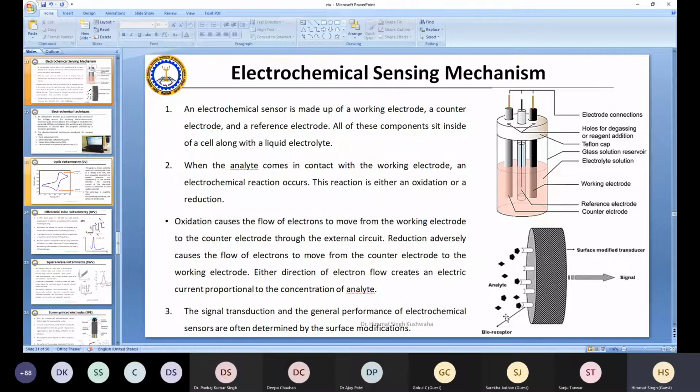In electrochemical sensing, there is a three-electrode setup. One is the working electrode, which is the sensor, then the reference electrode, and the counter electrode, which completes the circuit, and an electrolyte solution which has your analyte, which we want to sense, and some electrolyte.